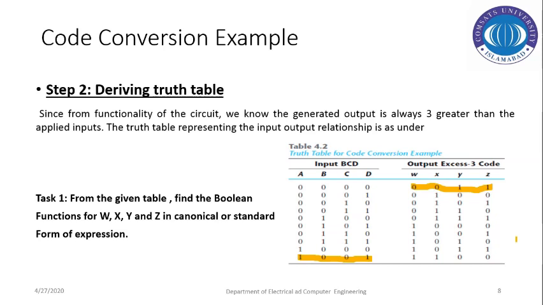So to start with our first task, from the given table, what you have to do is find the Boolean functions for W, X, Y, and Z in canonical and standard forms of expression, which we have already discussed in session 1. How are we going to convert that? For example, for W, we're going to see what are the instances at the output that possess a value of 1.